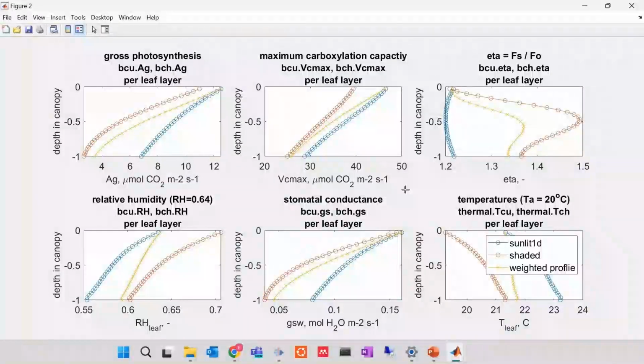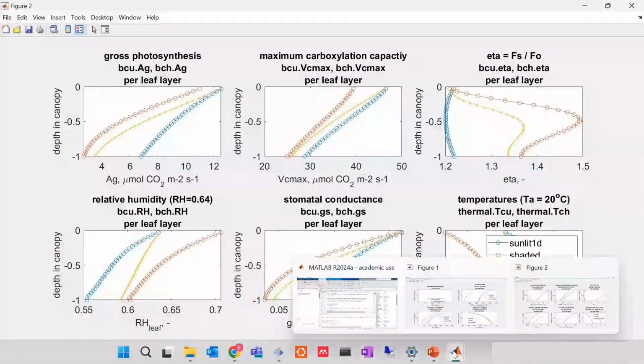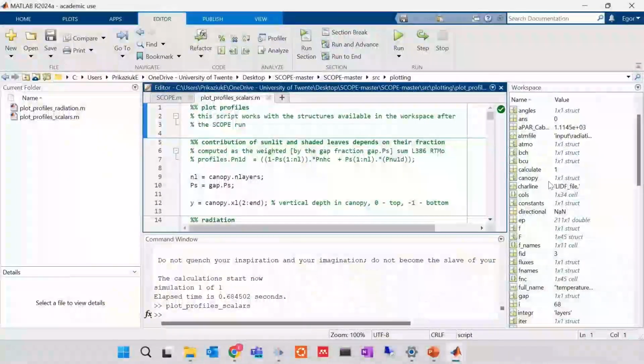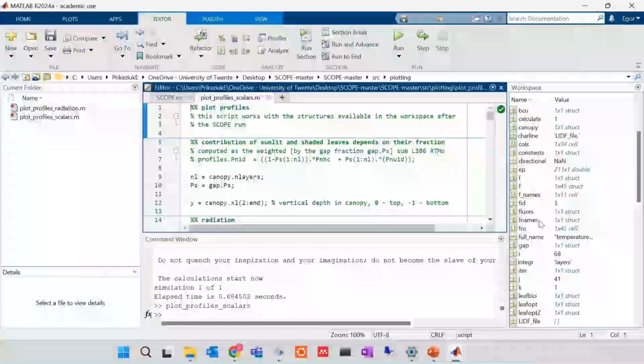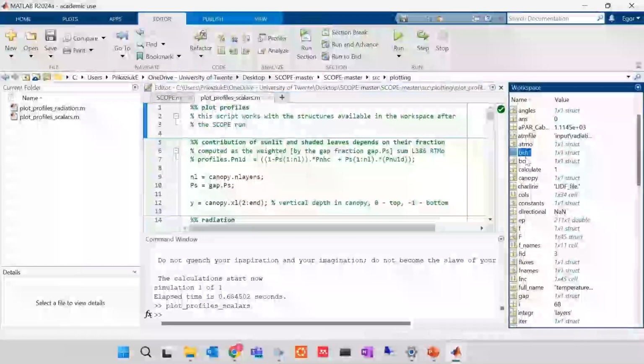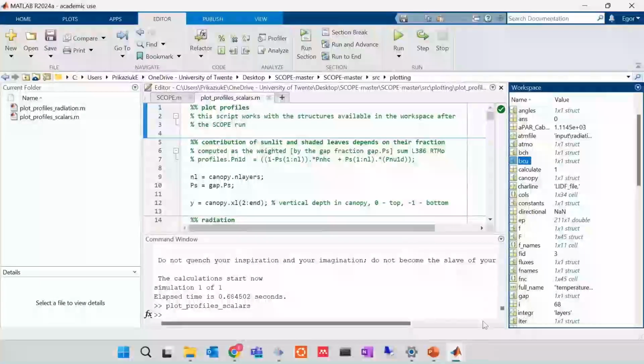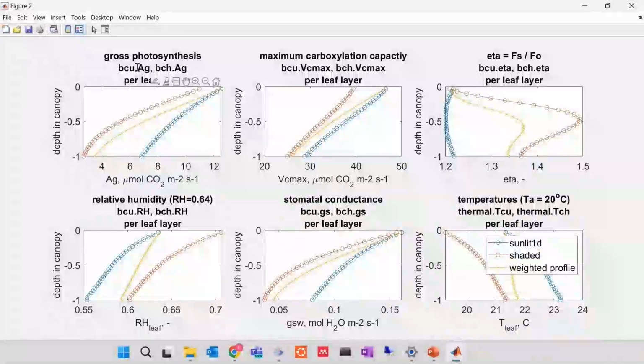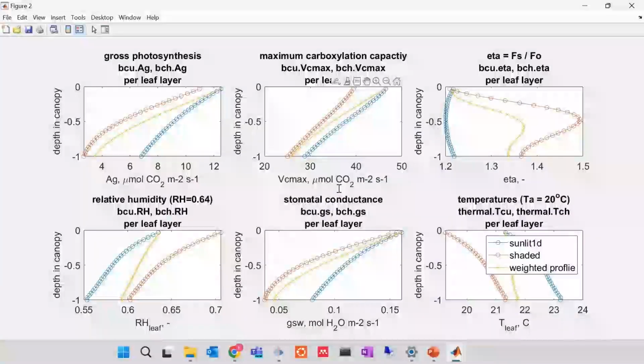Now let's look at the leaf output. Leaf layers, they are stored in two structures that are called bsh for shaded and bsu for sunlit leaves. For example, this is gross photosynthesis. It goes down because the Vcmax, the carboxylation capacity, goes down due to extinction coefficient and due to temperature correction, because temperature of the leaf increases.